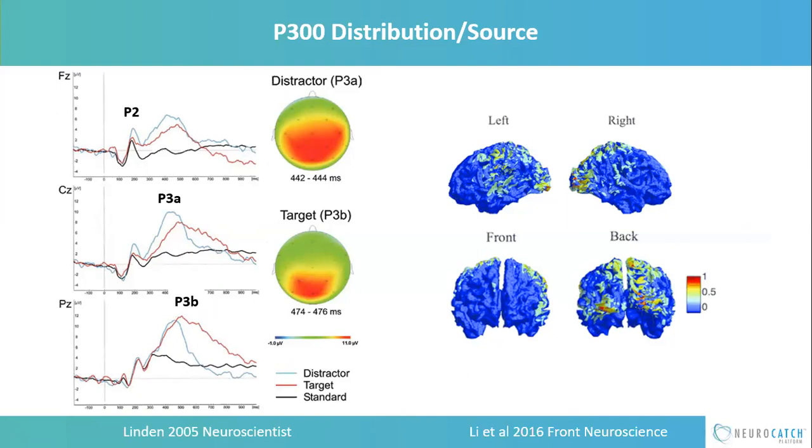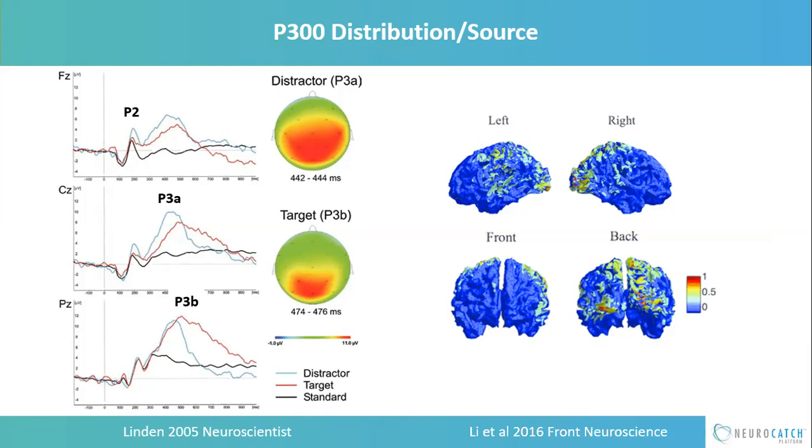It actually has subcomponents. Your brain is very complex and does lots of things, and we capture it in its electrical changes. A P3A is what you get if it's a novel unexpected stimulus, and a P3B is if it's a targeted unexpected stimulus. They've been demonstrated experimentally to be quite different.